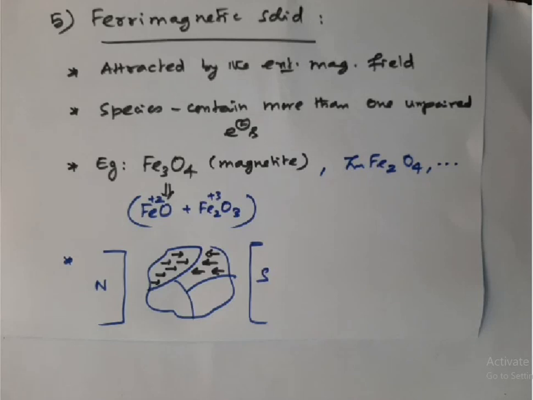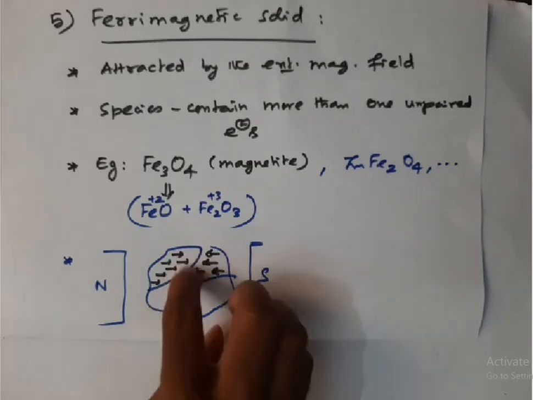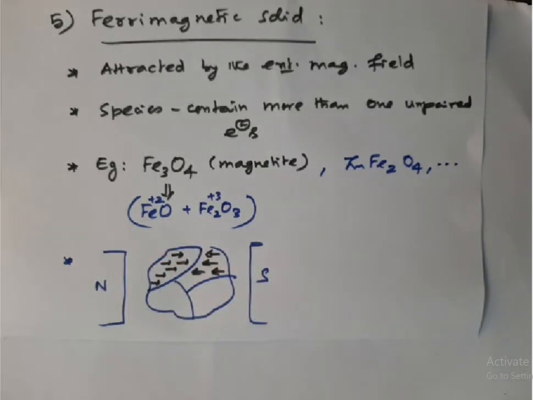Is this clear, students? Suppose all the magnetic moments orient in the same direction in all the domains. They are strongly attracted. It behaves like a ferromagnetic material.